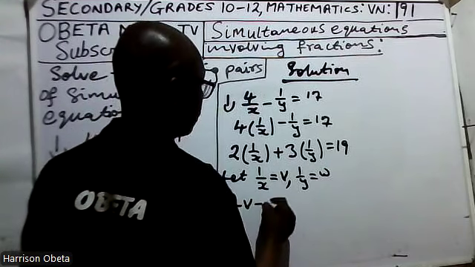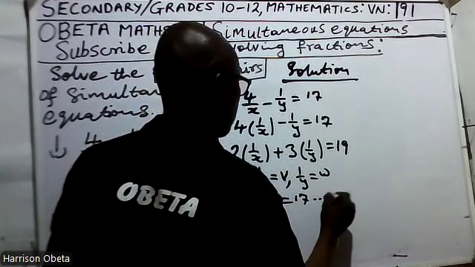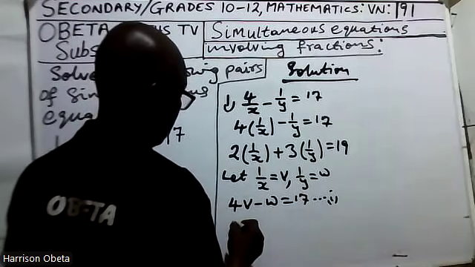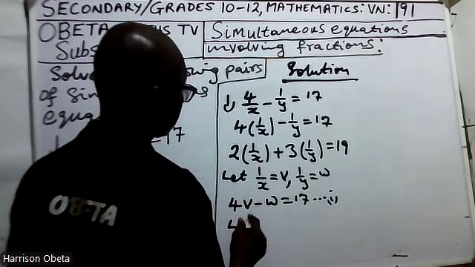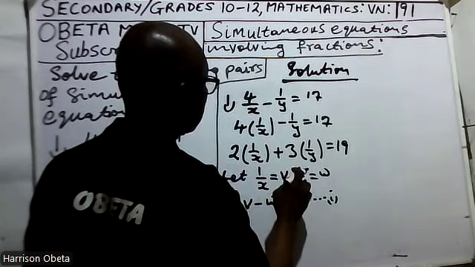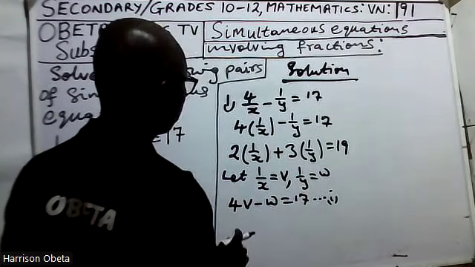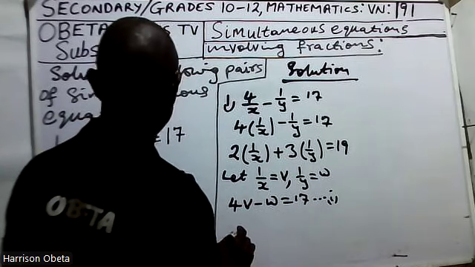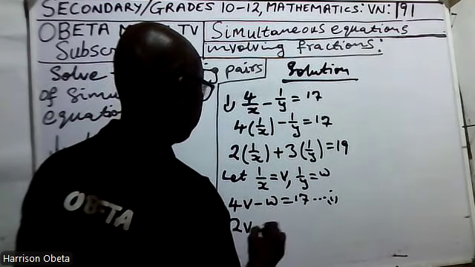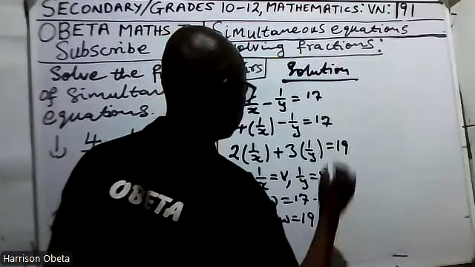4v minus w equal to 17, and call this equation 1, followed by the other one: 2v plus 3w equal to 19.